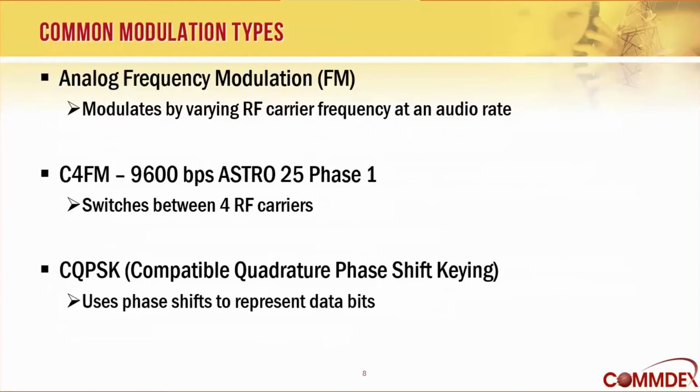P25 phase 1, 9600 bits per second, switches between 4 different carriers, and that's each symbol represents 2 bits. CQ-PSK is a type of phase shift keying that modifies both the amplitude and the phase.